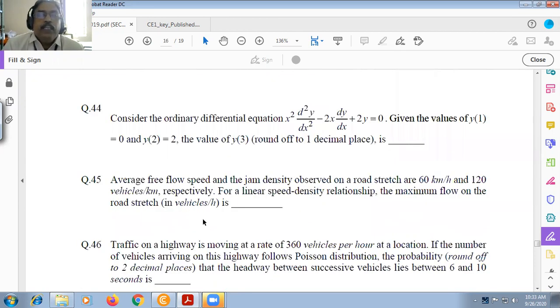Okay, consider the ordinary differential equation x square d square y by dx square minus 2x dy by dx plus 2y is equal to 0, and y of 1 is equal to 0, y of 2 is equal to 2.